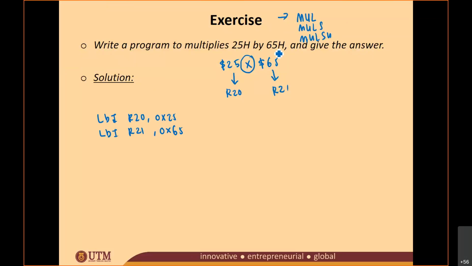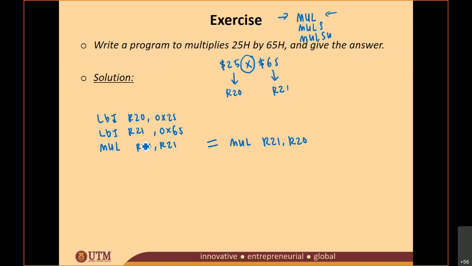Why? Because the question is not saying that this is a signed number. So we just assume that it is an unsigned number. So just write down MUL R20 R21. Okay, it doesn't matter. If you put something like MUL R21 R20, it is also the same. Why doesn't it matter?